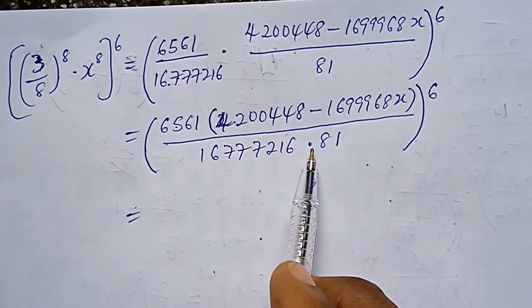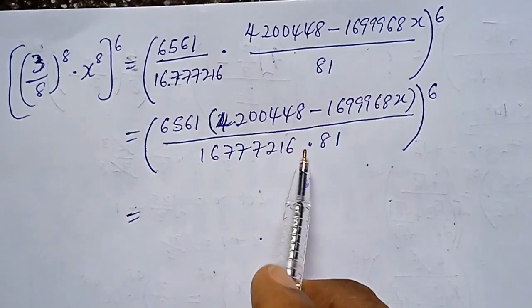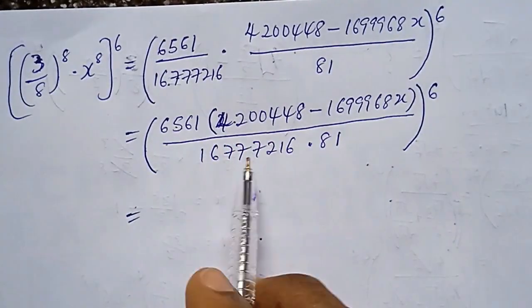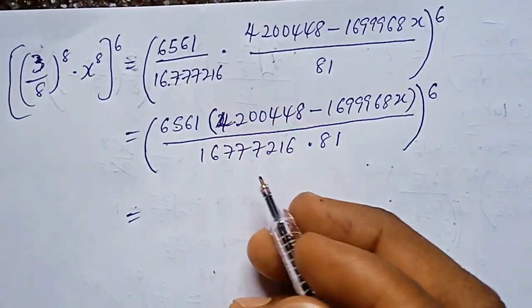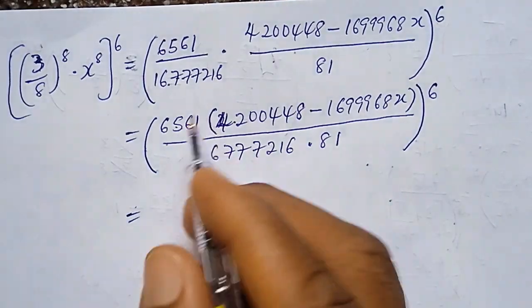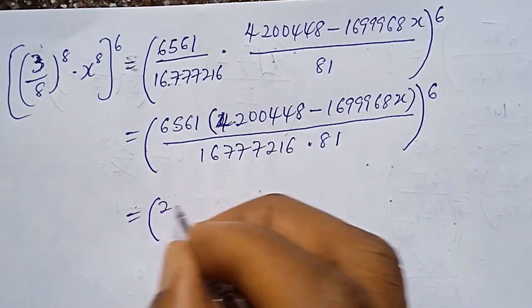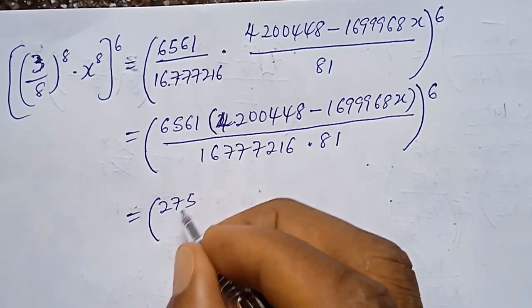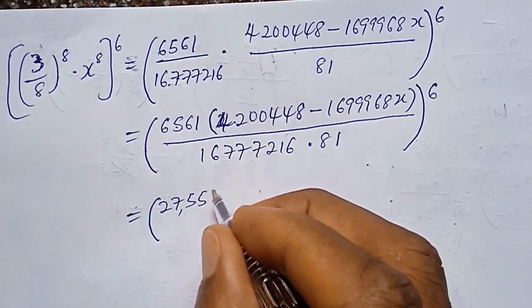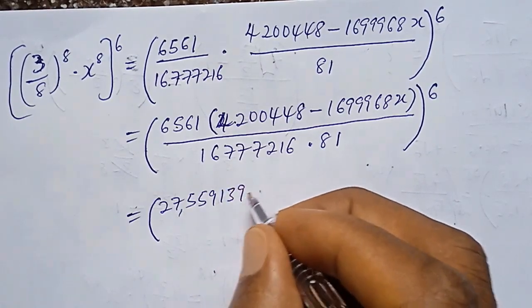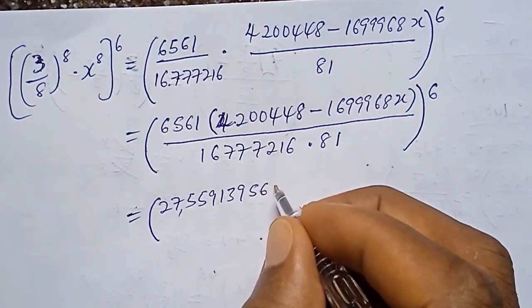If we do that, we are going to arrive at... I've computed all these values to make our work faster, so I will just be importing them. So we have this multiplied by this to be 27559139568.